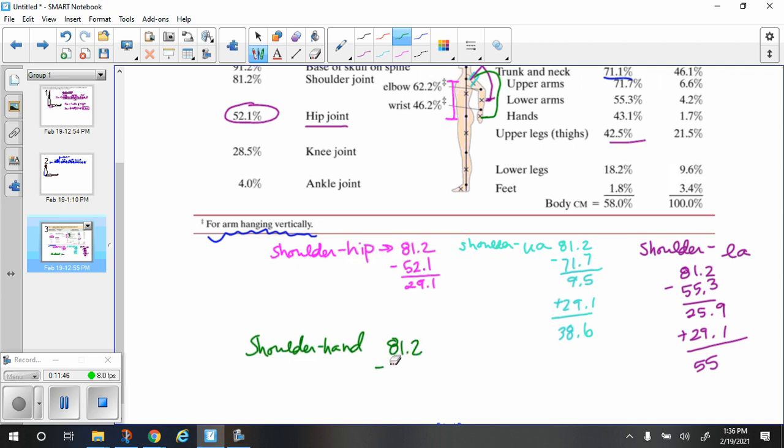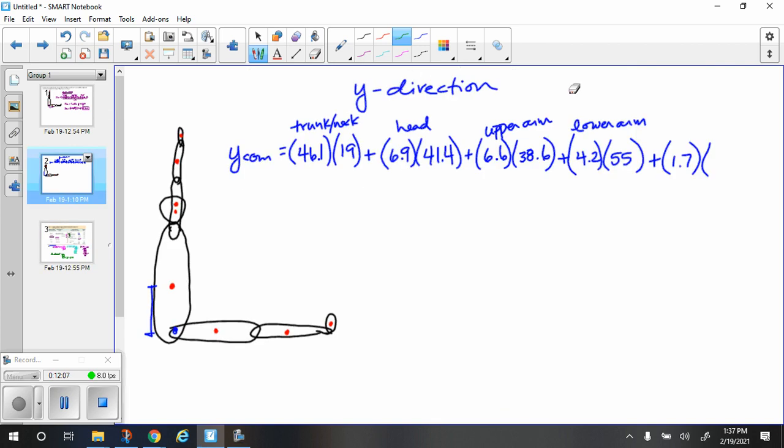We're going to subtract the hand, which is 43.1, and that gives us 38.1. And we're going to add 29.1, and that gives us 67.2. So then here we do 67.2, and that's the hand.